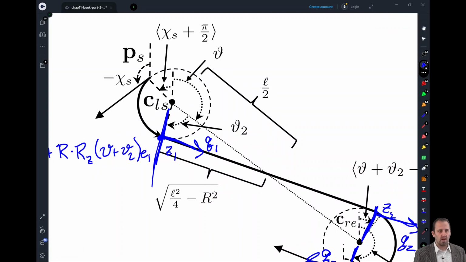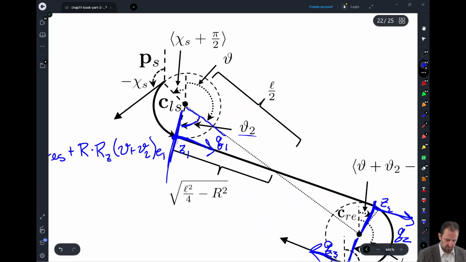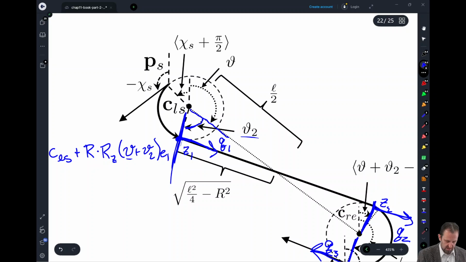I don't quite like how the book switches the notation slightly in terms of defining rho, arg theta 2, sorry, and arg theta. So they define arg theta 2 as the angle between the line going between the centers and now the point of departure. Where previously it had always been just the point of departure. So that's why we have arg theta plus arg theta 2.